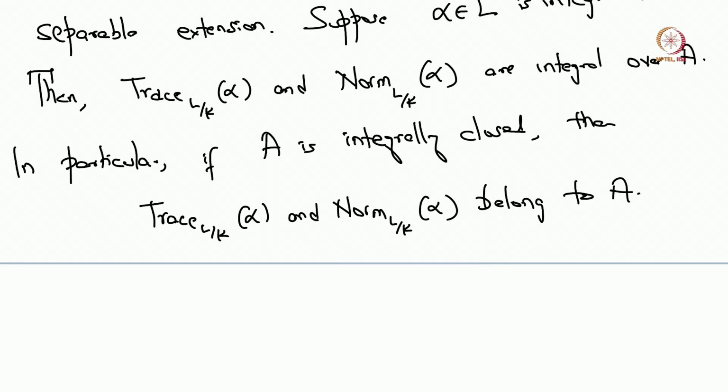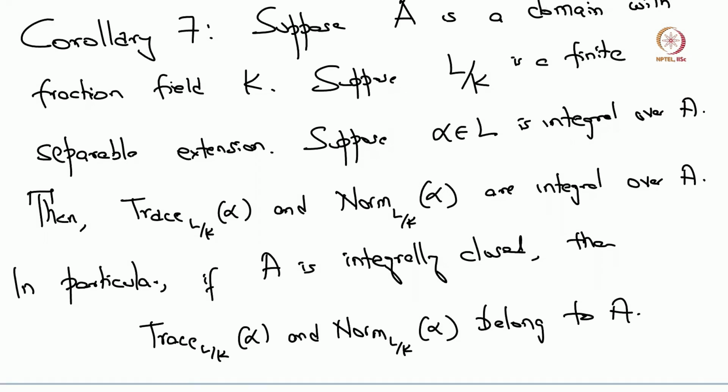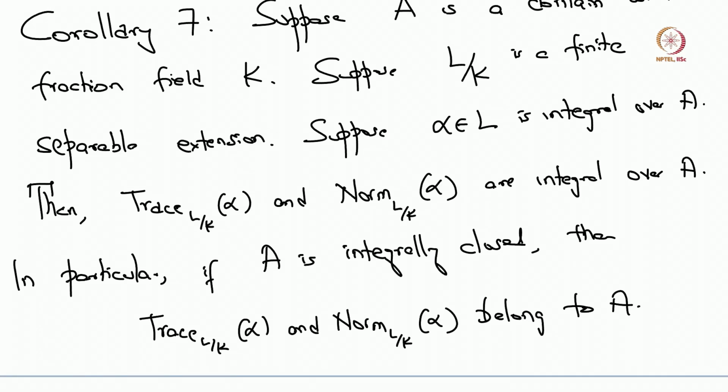Okay. So let's see a quick proof of this. If you have an integral element and you take the trace and norm, those should also be integral. This is an immediate corollary of the previous lemma.